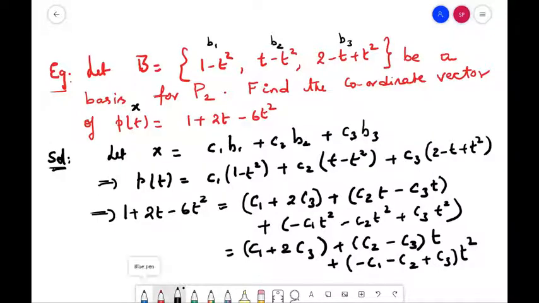Let me give it as equation 1. Then what do you have to do here? You have to find c1, c2, c3.